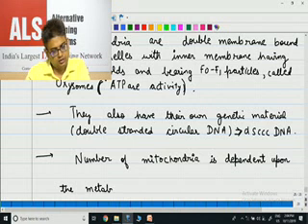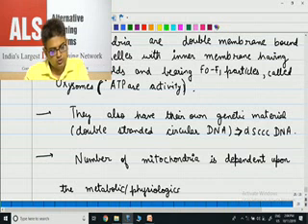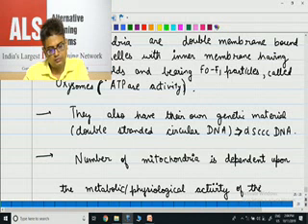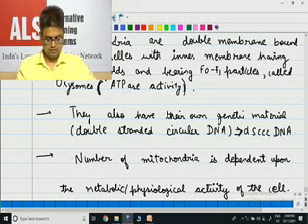The metabolic or physiological activity of the cell. Okay.